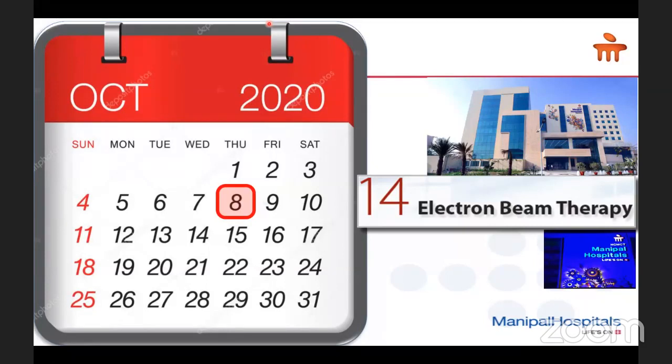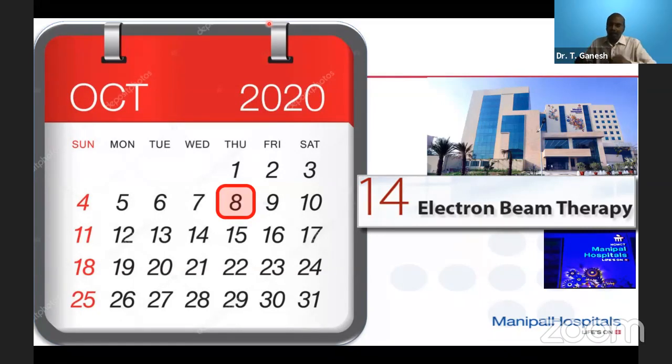Next is, what is the clinical or physical significance of backscatter factor? As I said, for cobalt 60, for a 10 by 10 field, the backscatter factor is 1.035, that's about 3.5%. But if you are measuring for 6 MV or 10 MV, it will be less than 1%. So backscatter factor is not important.